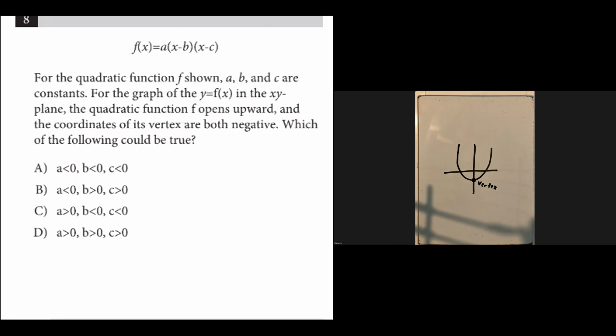Okay, so for this one, we're given that there's a function f, and it opens upward, so like this, and the coordinates of its vertex are both negative.